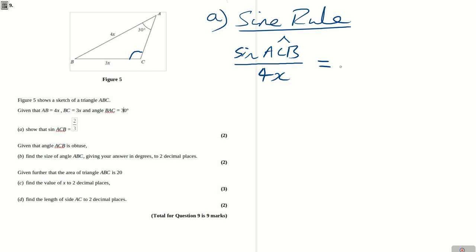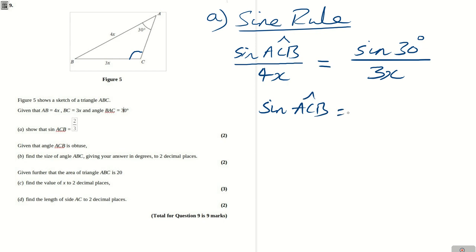So that's going to be equal to the sine of 30 degrees divided by the side opposite 30 degrees, which is the 3x. Okay, and then by rearranging that, we get sine of ACB equals sine of 30 times 4x over 3x. The x's cancel.